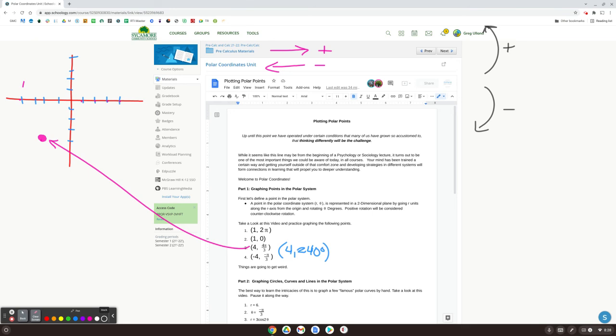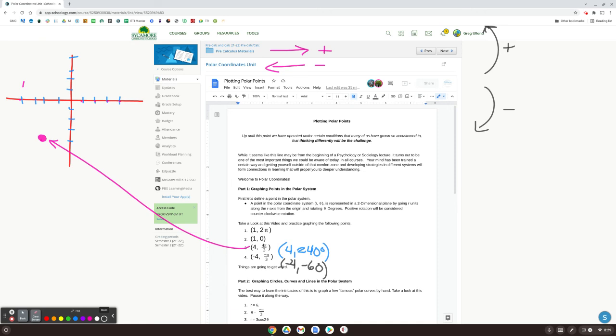We go the opposite in 4 units, and then negative pi over 3. What is that? Negative 60 degrees. So the best way I think to do this, let me think, how do I do that? I think about it honestly, is going 60 degrees in the negative and then 4 in the other direction.